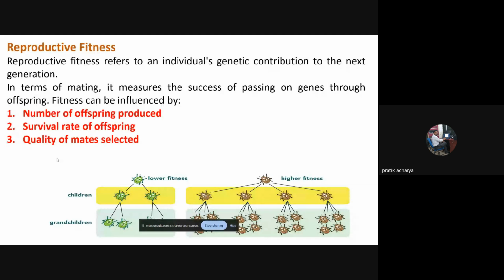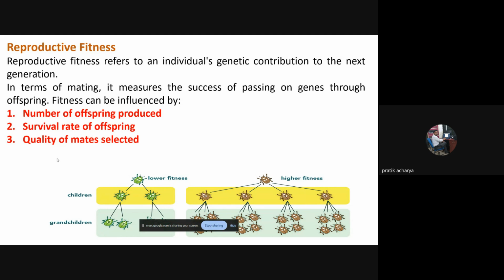So this reproductive fitness, again I am repeating, what is reproductive fitness? Organism is surviving and producing the next generation. The factors that influence reproductive fitness are the number of offspring produced, offspring means newborn, survival rate of offspring, and quality of mate selected.